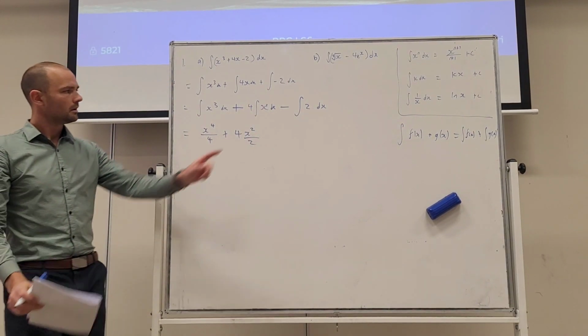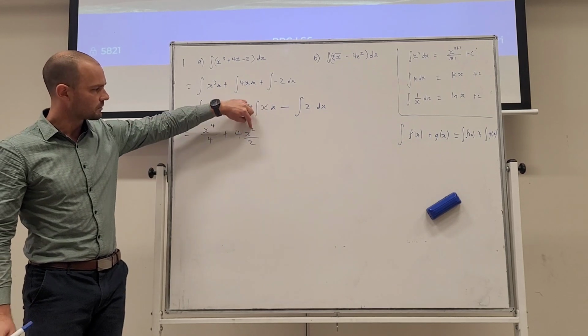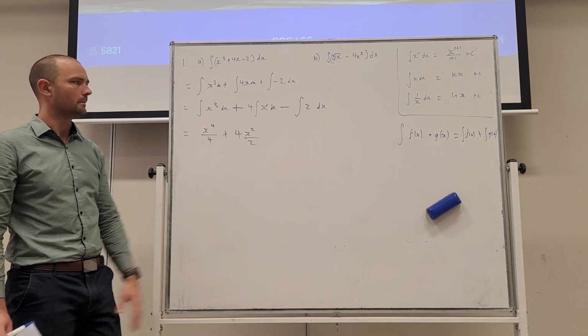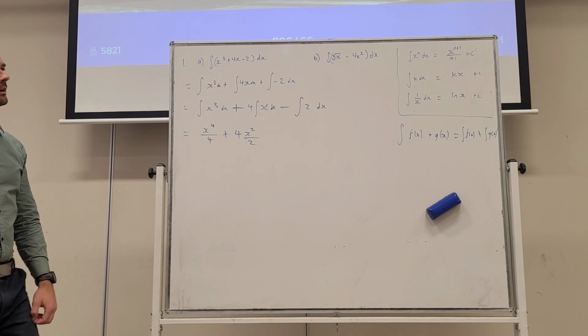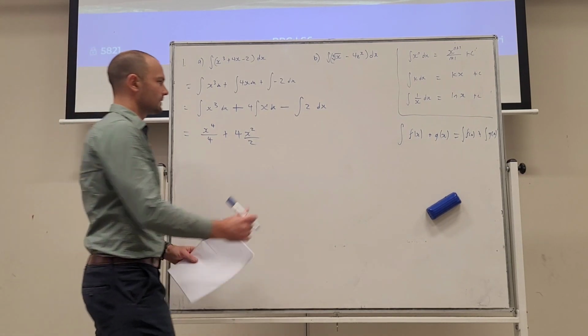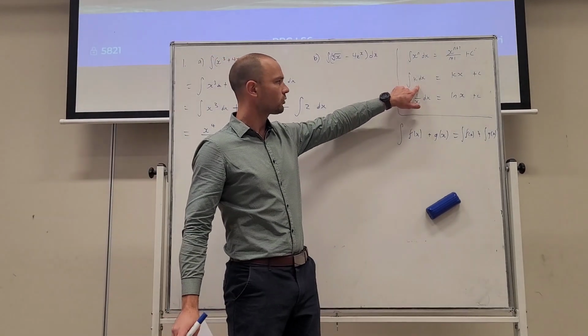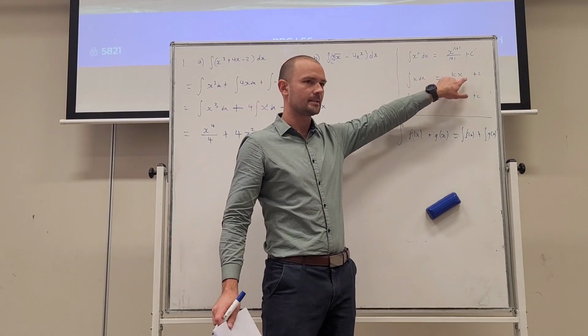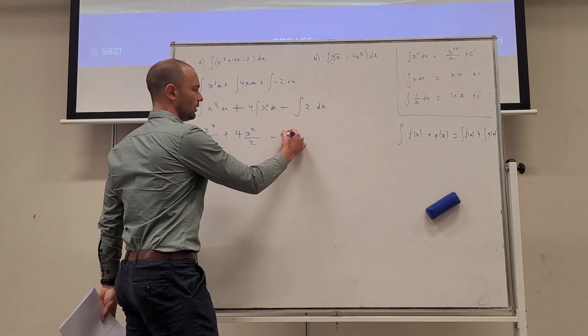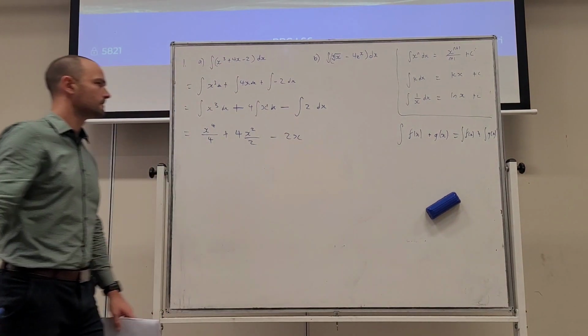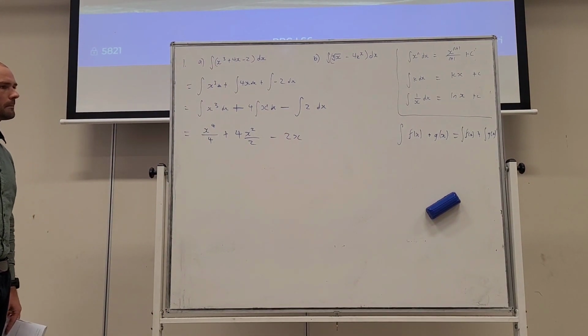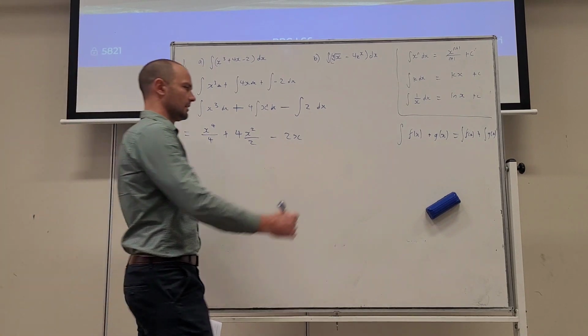With x to the 1, we have 1 plus 1 on top of 1 plus 1. Then we have take away, and what's the integral of 2? Well, the integral of k is kx. So the integral of 2 will be 2x, and then we'll put our plus c on the end.